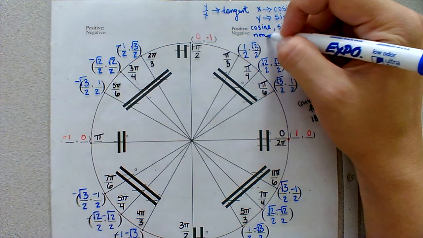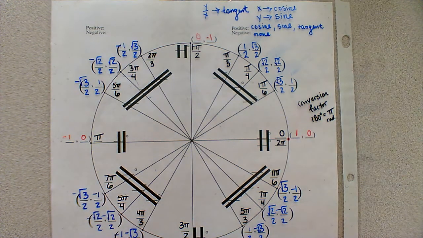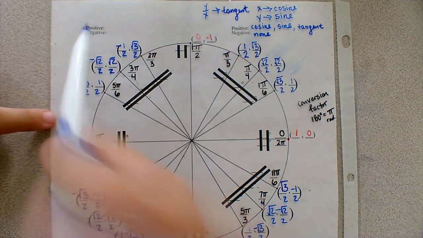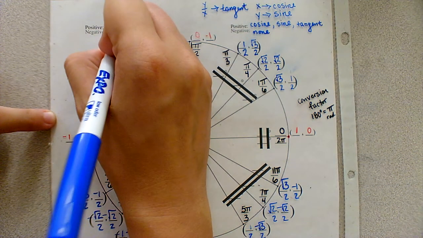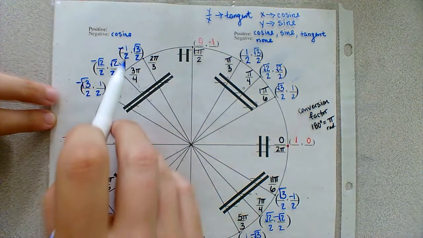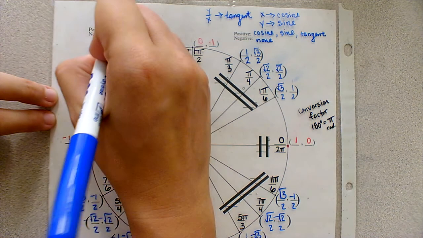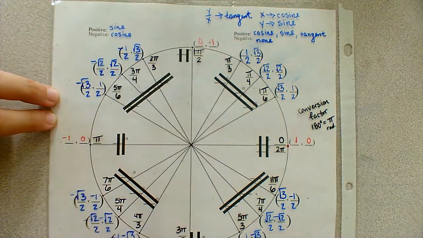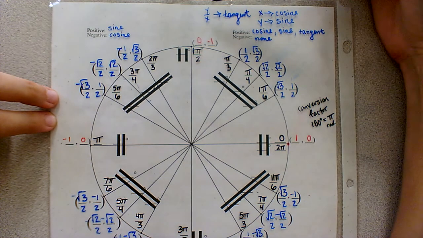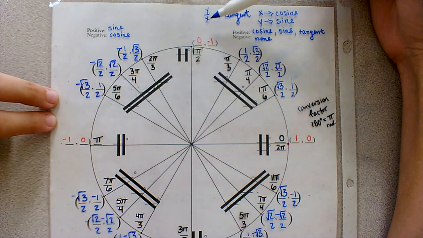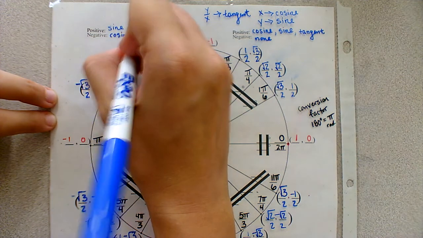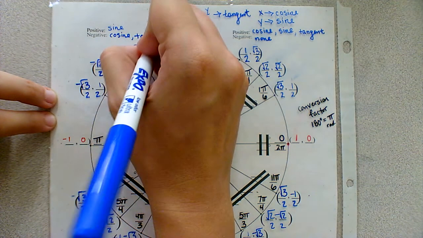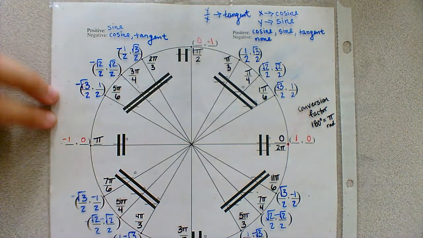So it looks like we don't have any negative values for these trig functions found in the first quadrant. In the second quadrant, we labeled negative x's, so our cosine value should be negative. The y's were positive, so sine should be positive. And if we were to take a positive y divided by a negative x, that would result in a negative value, so tangent should be negative in the second quadrant.